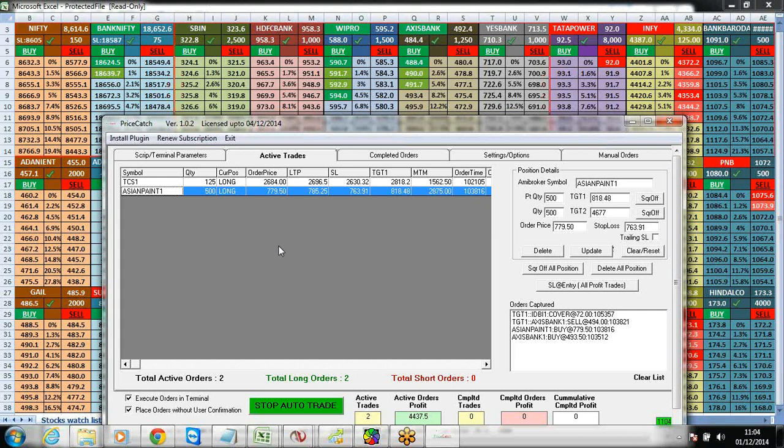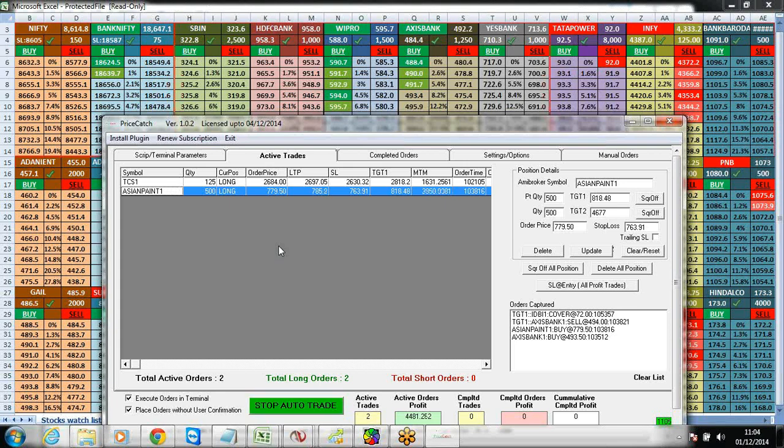I will show you one of these days because we have already done it. I will show you how it works, but you'll have to be a bit careful, and you should have nerves of steel to do that, because suddenly one script, two scripts hit a stop loss in the morning, that is at 9:15, 9:16, 9:17, you should not panic and get out.